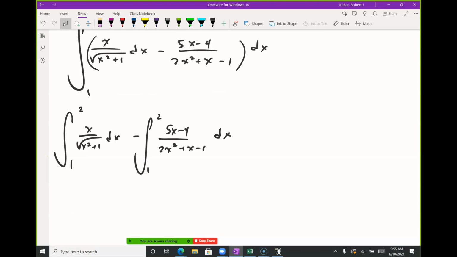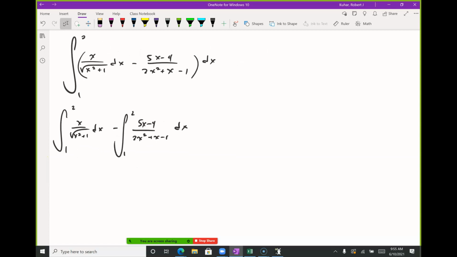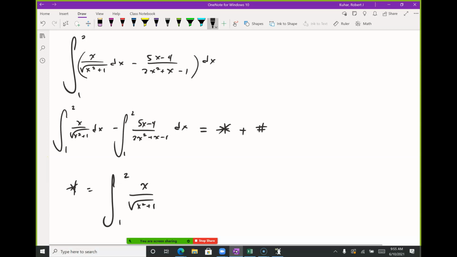Typically on these, I would work totally on one integral, then work on the other, and put them together at the end. So let's do the trig sub first. I'm going to call this star plus hashtag, my answer. So star is the integral from 1 to 2 of x over square root of x squared plus 1.